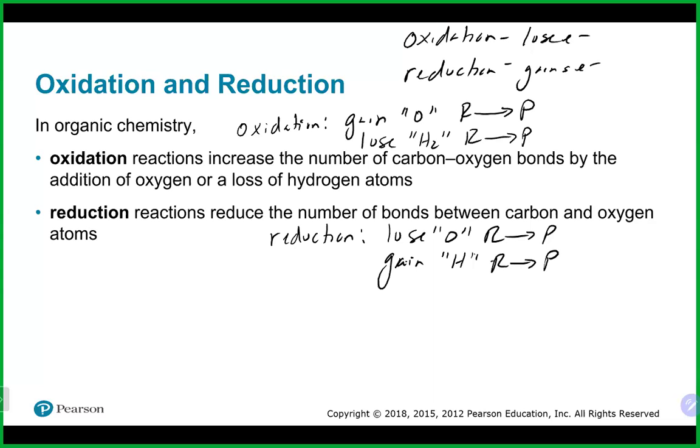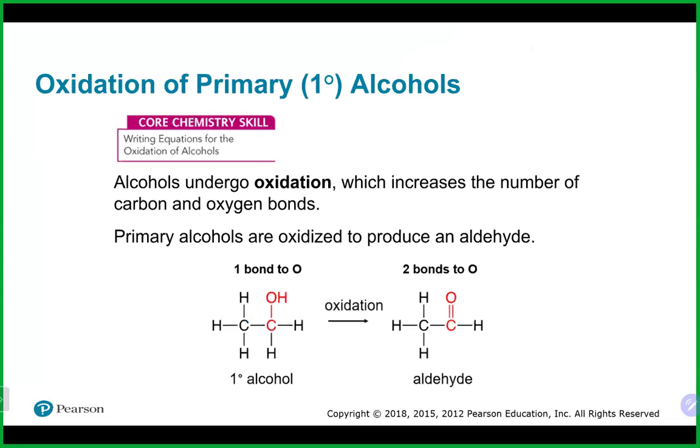All right, so let's take a look at the first type of reaction, and that is with a primary alcohol. Remember that this is a primary alcohol because the carbon that is attached to the OH is attached to one other carbon, which makes it a primary carbon. So this is the oxidation of a primary alcohol.